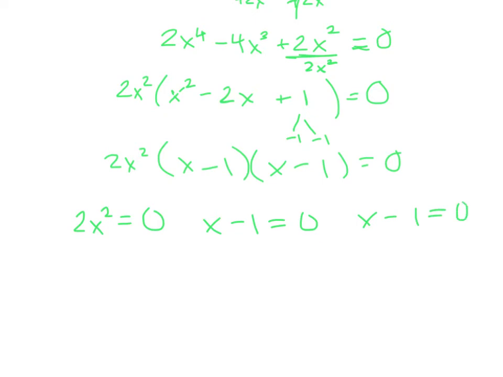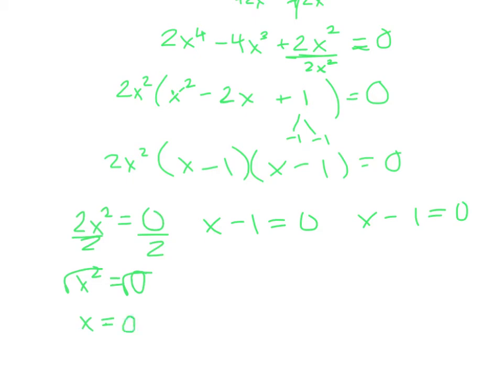For the first one, how do we solve this? Divide by 2 on both sides. What's 0 divided by 2? 0. And then we would just take the square root of both sides. So what's the square root of 0? 0.